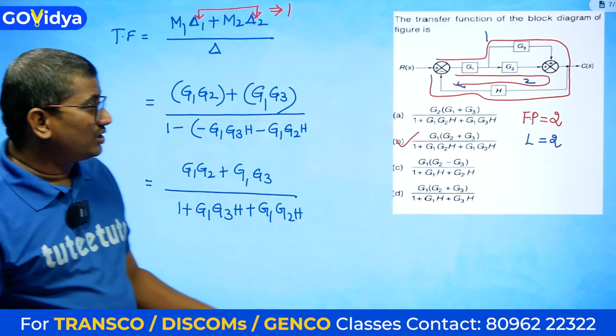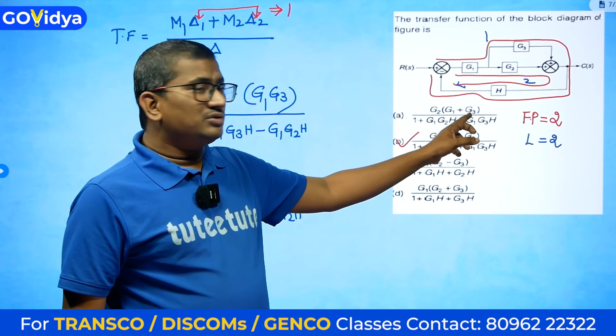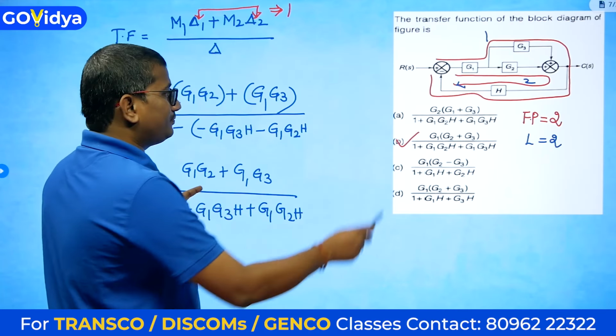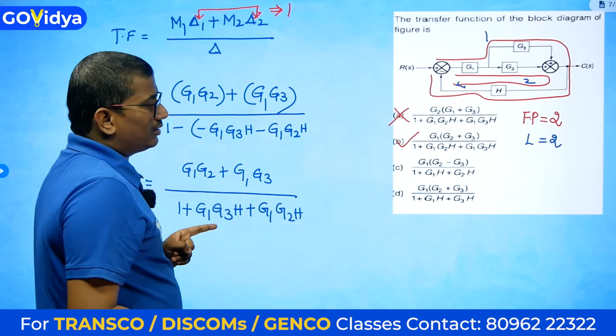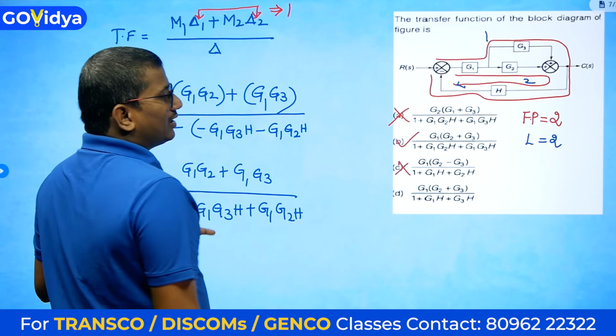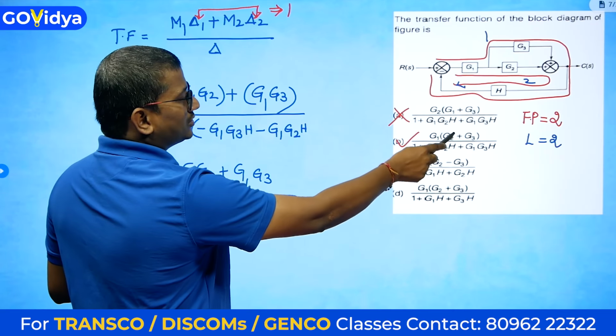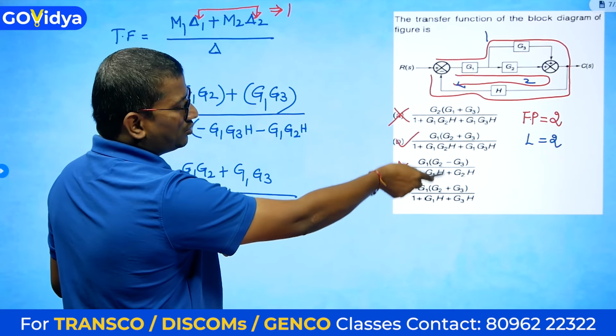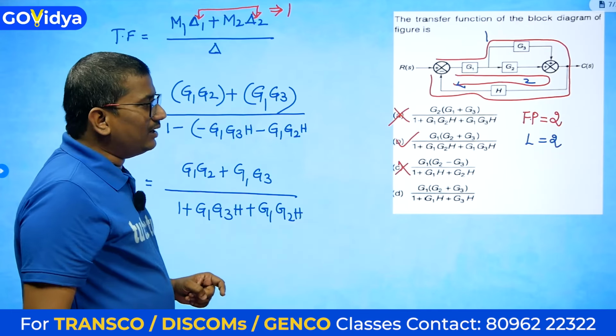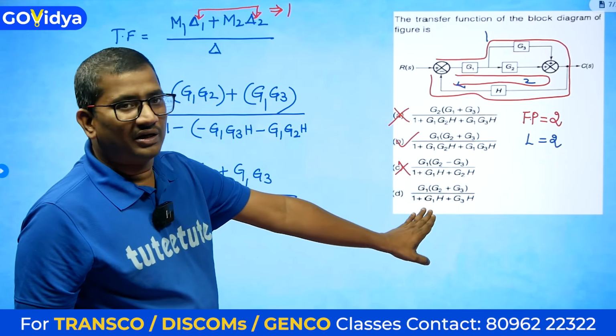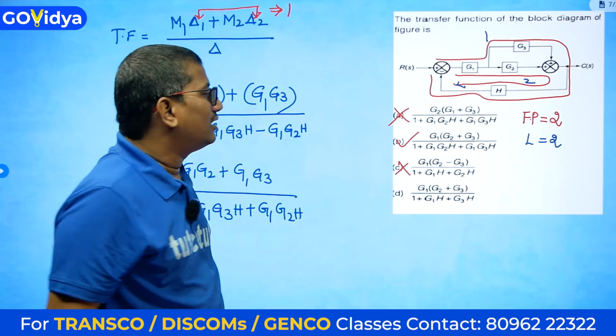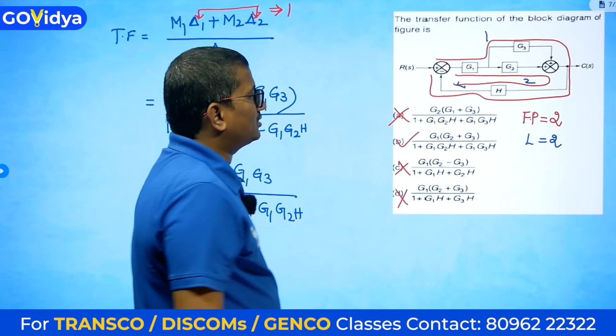Don't get confused. See, G1 G2 plus G2 G3, so obviously this is not correct. Check the numerator. G1 is negative there, so not correct. So there is a possibility between these two. In this one it very clearly indicates you have G1 G2 H and G1 G3 H. So straight away we can mark this as the correct answer and the other as the wrong answer.